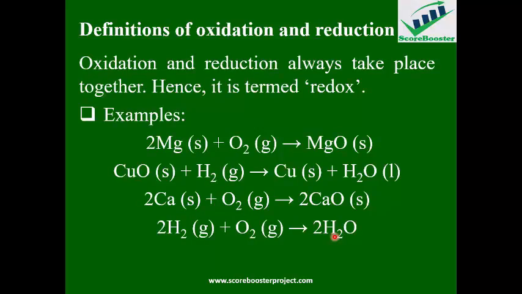So what we're trying to say in effect is that if we have a reaction and we're able to spot that oxidation has taken place, then automatically reduction has also taken place, because they go in line with each other.